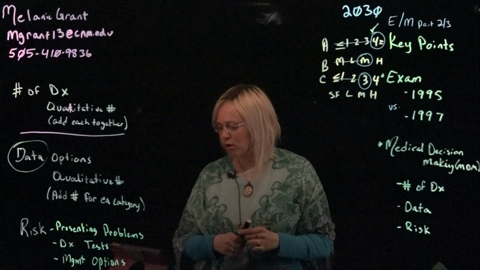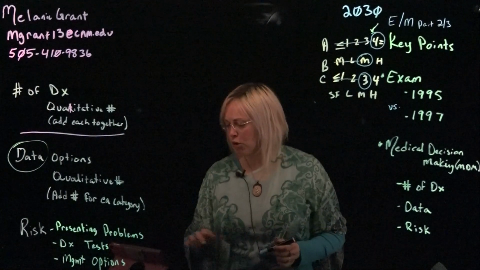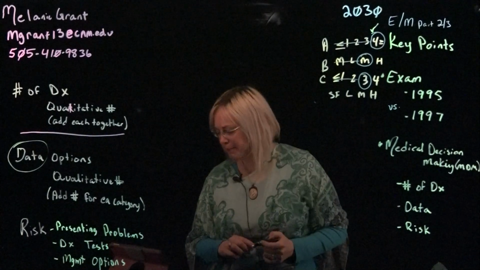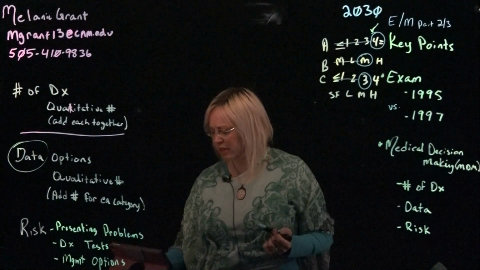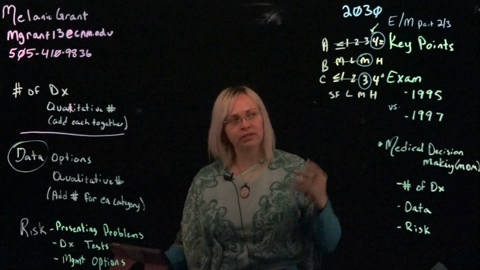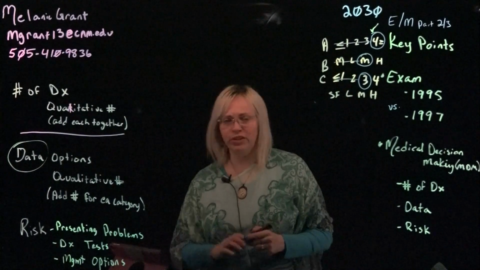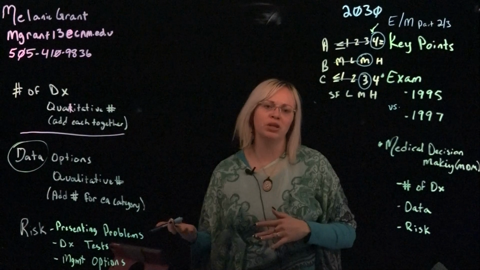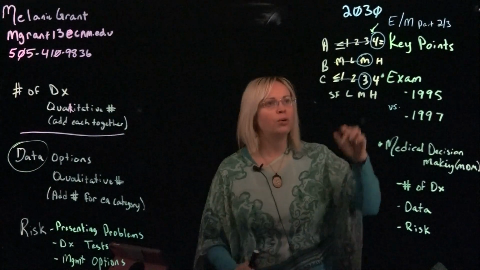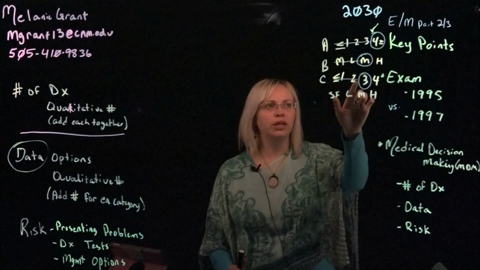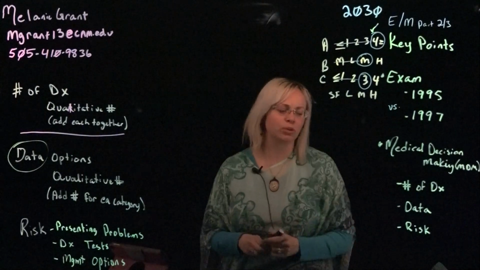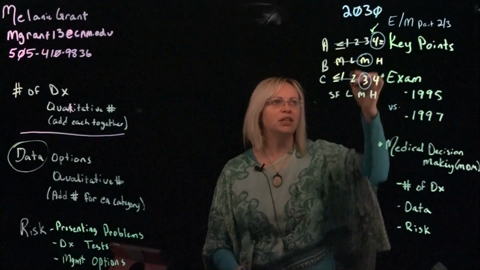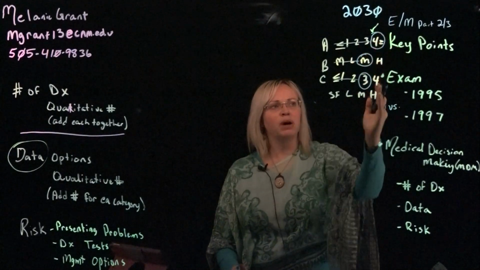Now from here, for our overall medical decision making, or the final result of complexity, I have to determine 2 of 3 of these circles to figure out which one applies. In other words, your lowest one drops off. It's not important. So if I have 2 here that are at the same level, it doesn't matter which one I don't count, but I'm going to say the highest possible first.